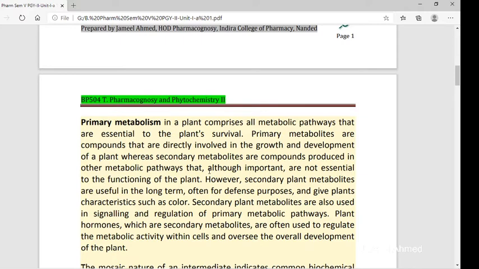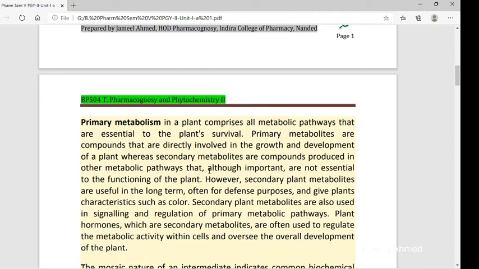These are not directly involved in those processes, just like primary metabolites, but usually it has an important ecological function. Example, antibiotics. We know the antibiotics. Antibiotics and pigments such as resins and terpenes, etc. These are examples of secondary metabolites.